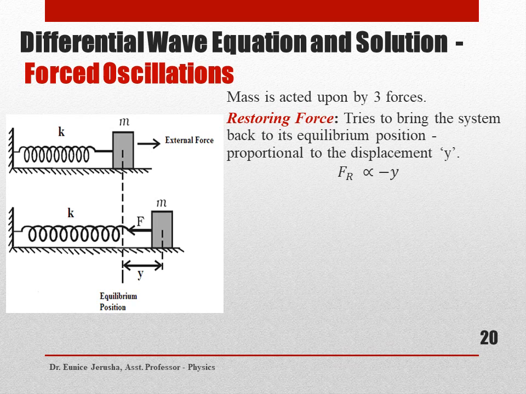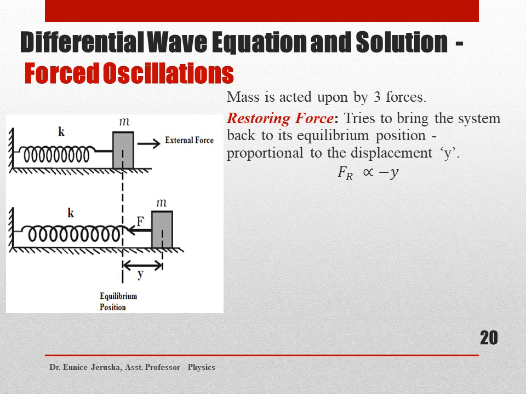The second force acting on the mass is the resisting or the frictional force. It acts in an opposite direction and is proportional to the velocity dy by dt. Therefore, the resisting or frictional force Fd is given by minus R dy by dt, where R stands for the frictional force constant.